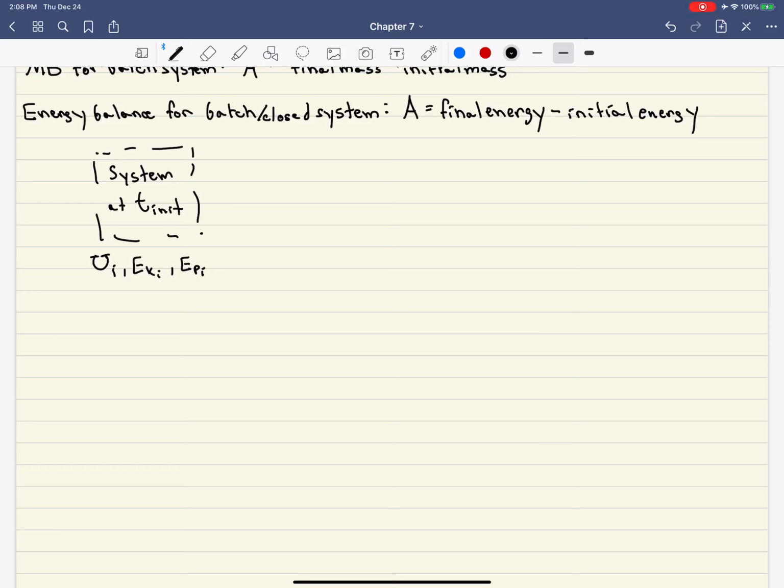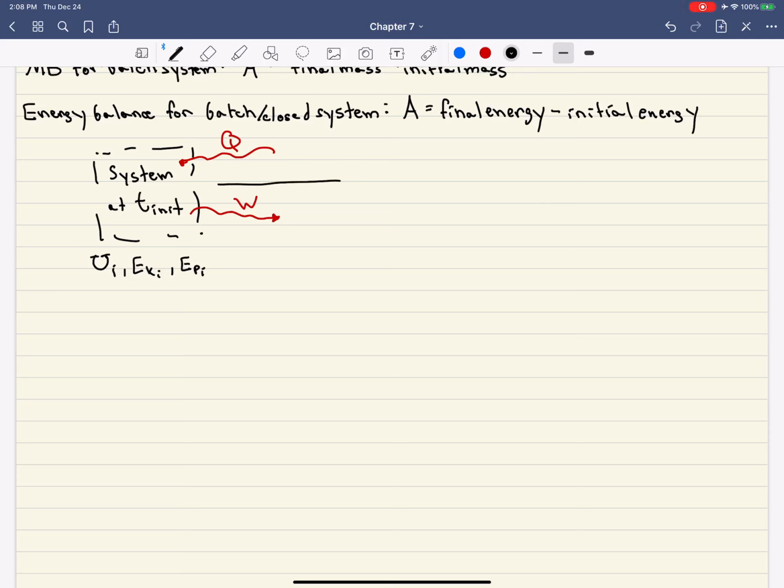And then let's say to the system we add some heat, and we also have the system do some work. Right? And so there's some sort of energy transfer going on.